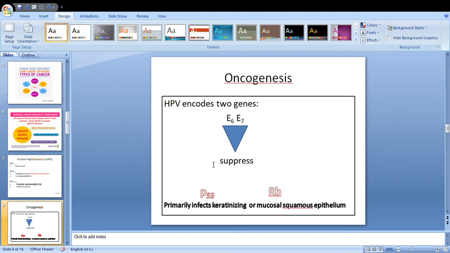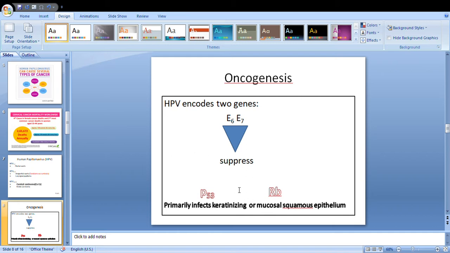How does the human papilloma virus cause oncogenesis, how is the neoplasia caused by the human papilloma virus? This virus encodes two genes, E6 and E7, and these genes suppress the normal tumor suppressor genes present normally at the cellular level.